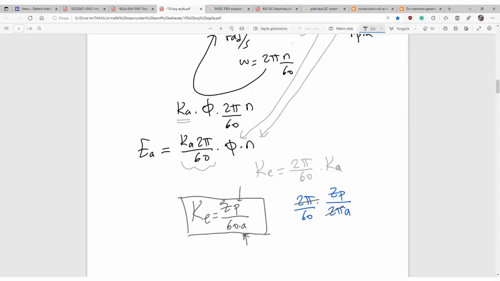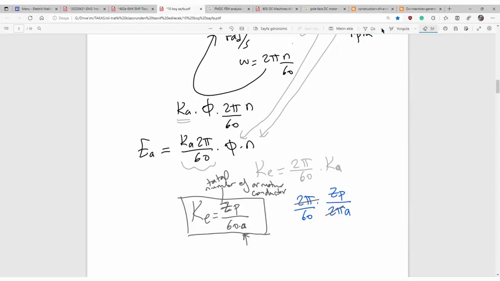That is the number of parallel path pairs. And that is the number of pole pairs. You know, that is the key.